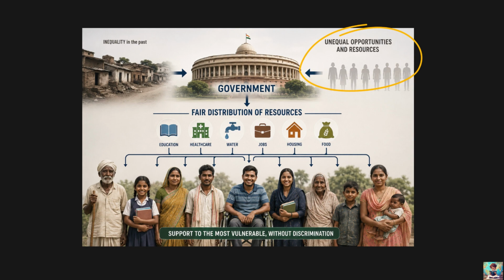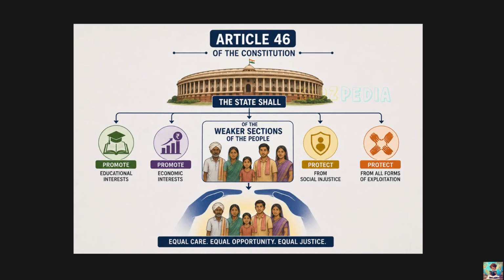So, if some people have been disadvantaged for a long time, the government has to make sure that they also get a fair chance. This is why the government must distribute resources fairly, especially to people who are more vulnerable. And this should be done without discrimination. The Constitution also gives special protection to weaker sections.